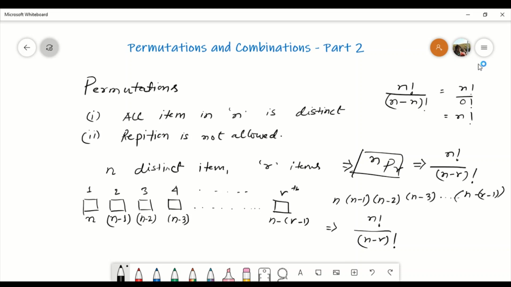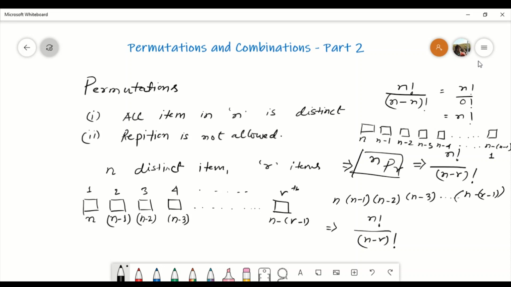And without applying this formula, this can also be visualized with the box model, right? Now we are drawing n boxes. The first can be filled in n ways, the second n minus 1, n minus 2, n minus 3, n minus 4, and the nth box will be n minus (n minus 1), which is 1.